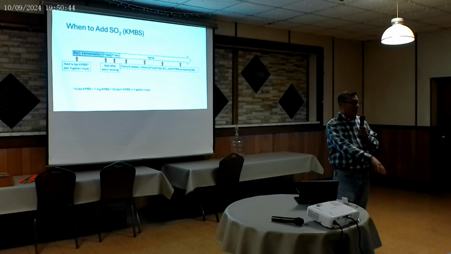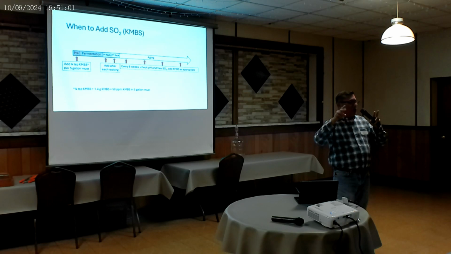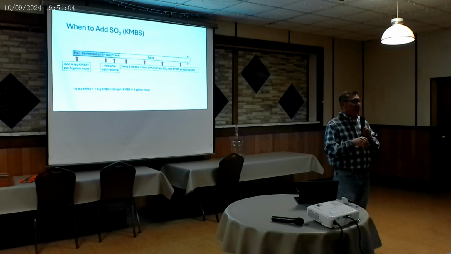But the reality is that a lot of that initial dose of sulfites that you add, 50 to 60% of that, is going to be bound up and be unavailable to protect the wine, which early on is probably not a bad thing, because you need to go through fermentation, you need to go through MLF for your wine. That's why people talk about the wine being quote unquote unprotected during fermentation and MLF.